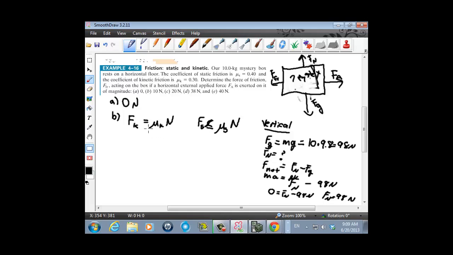So we have to decide first, do we have a big enough force to overcome static friction? So let's look at mu s times N. Our coefficient of static friction is 0.4. Our normal force was 98.